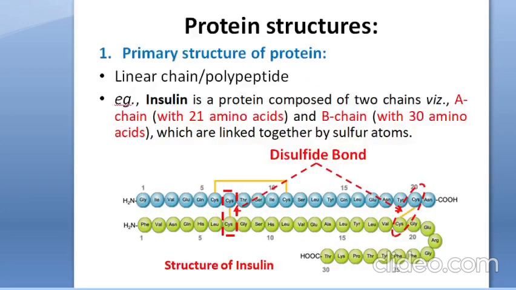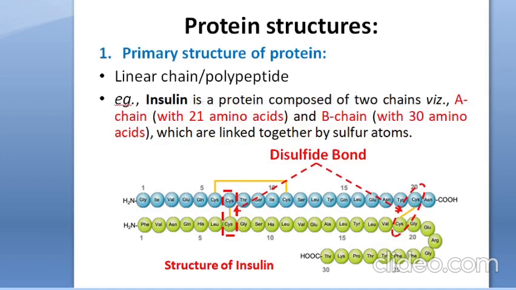Based on structural complexity, protein structures may be categorized into four groups: primary, secondary, tertiary, and quaternary structure of protein. Let's discuss the primary structure of protein. Primary structures of proteins are nothing but linear chain polypeptides. Here I'm showing you one example of a linear structure protein, and that is insulin.